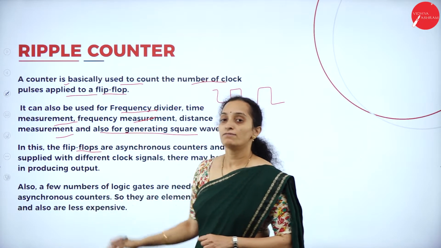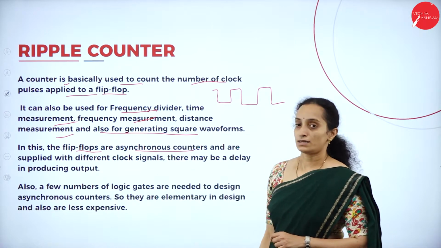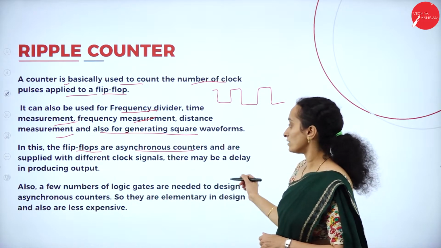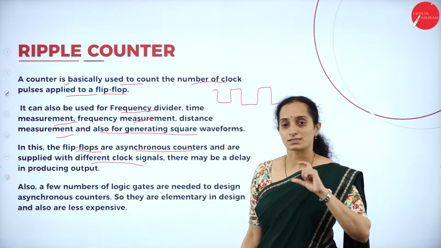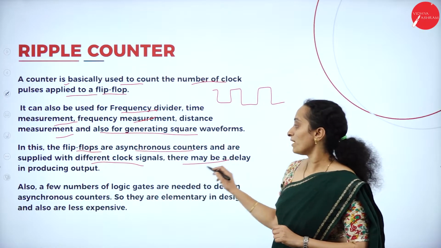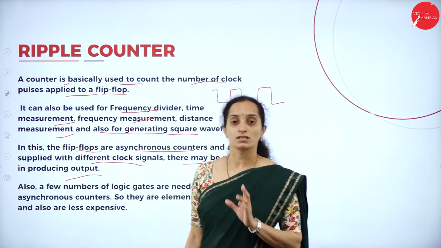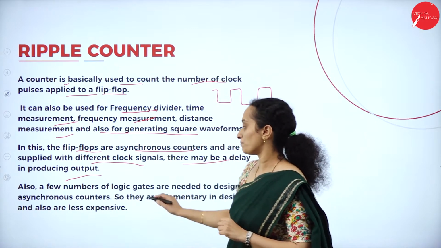In this, various flip-flops are used in asynchronous counters and are supplied with different clock signals. Clock values will be changing in a counter. There may be a delay in producing the output because of this change in the state of the electric pulse.